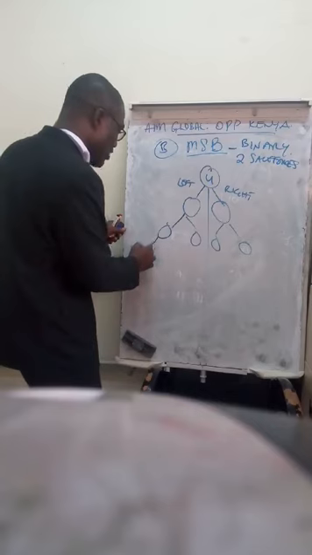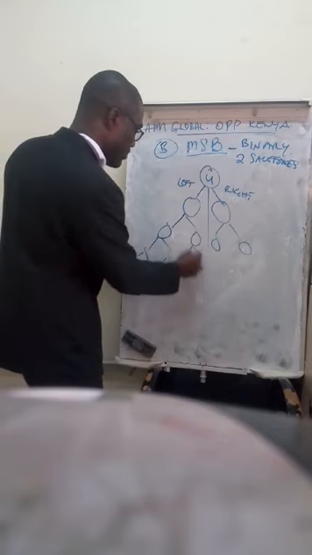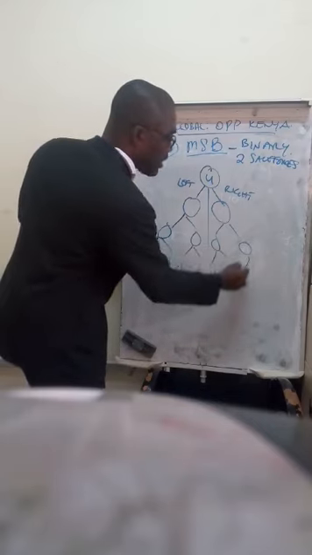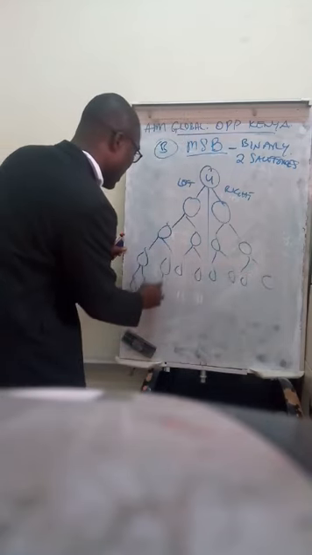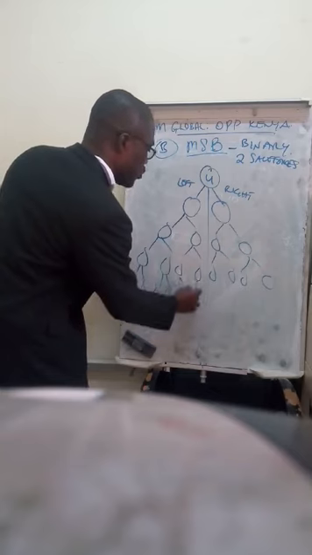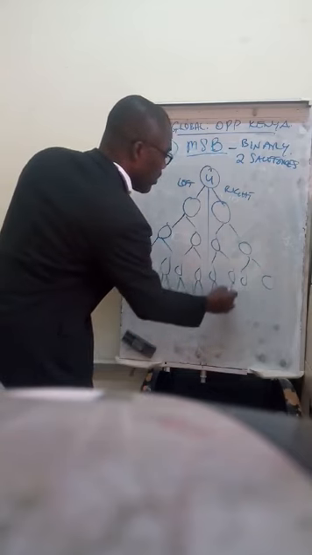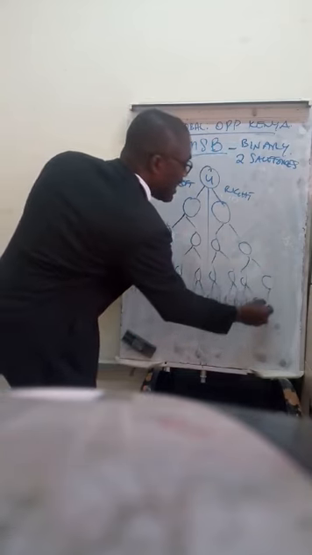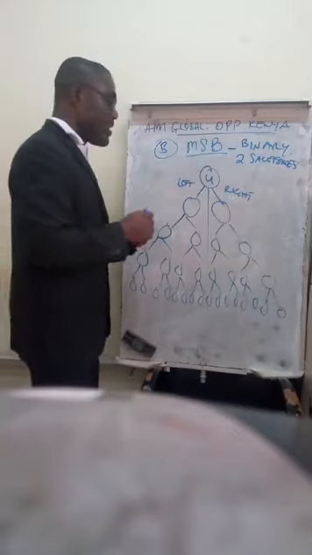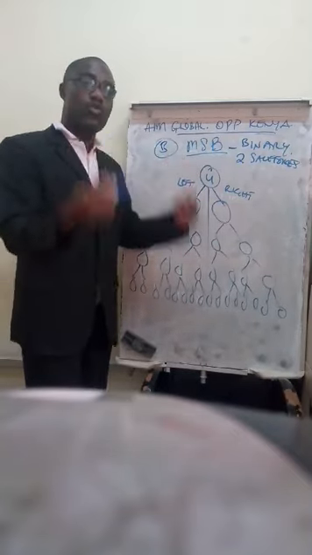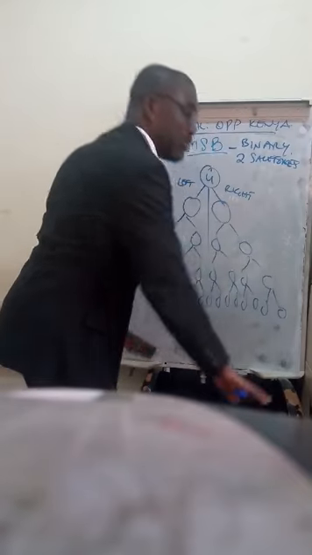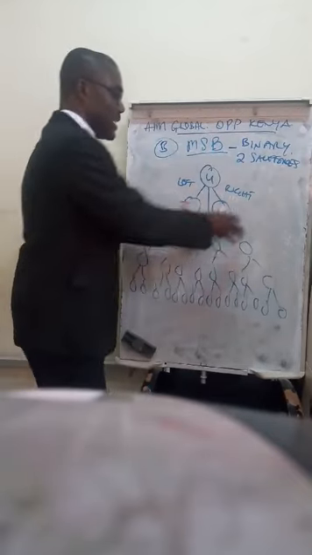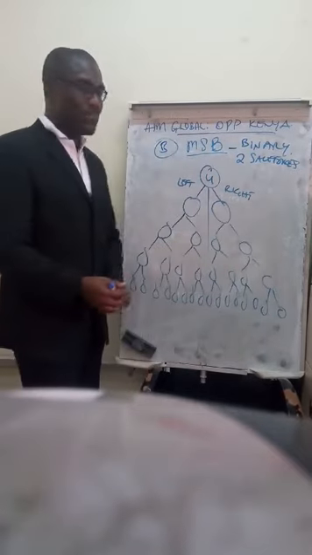Then you also teach these people to also get 2 people each, and these people will also be expected to get 2 people each. So anybody who joins will be encouraged to get at least 2 people. As that happens, you develop your team of sales forces, one on the left, the other on the right.